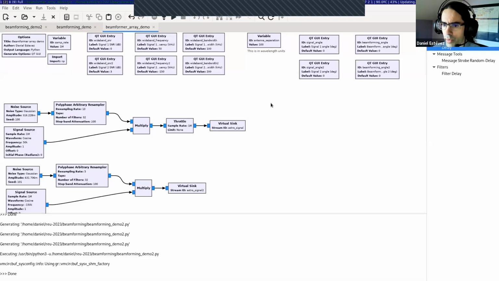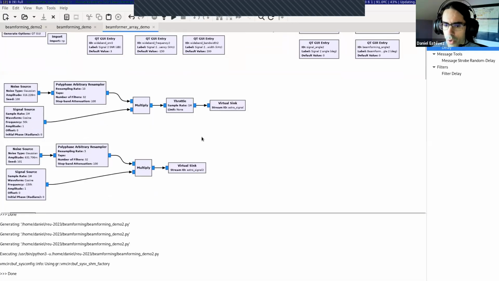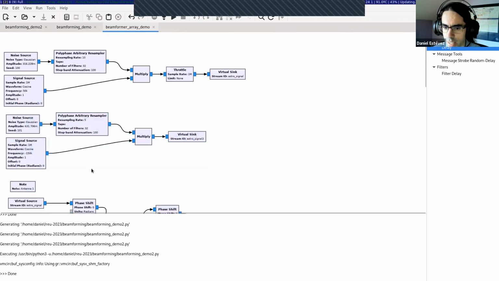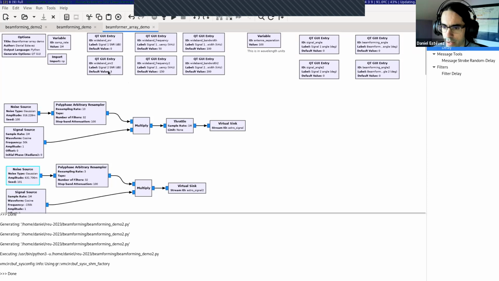Now let's go into GNU Radio. What I have in GNU Radio is one signal like before. So this is an astronomical signal, but then I have a second signal, and the second signal has slightly different frequency parameters and SNR parameters, so that we can tell them apart.